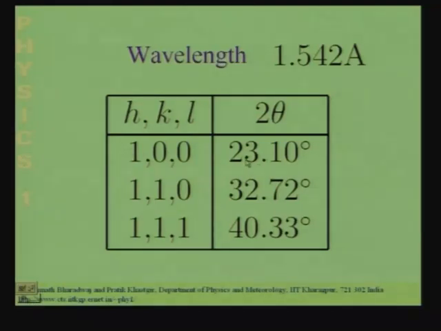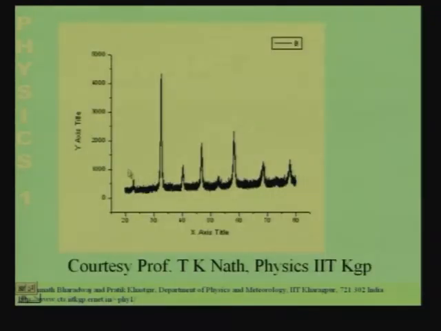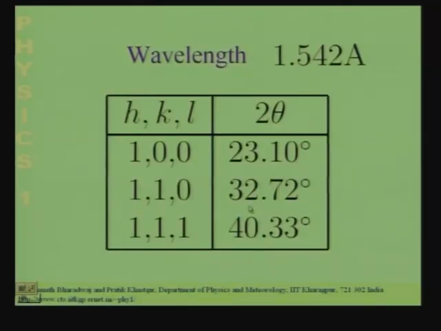Let me just remind you again, we have readings of 2 theta from the X-ray diffractometer, and we can interpret the smallest value of 2 theta as arising from the planes with Miller indices 1 0 0, the next maximum as arising from 1 1 0, and the one after that as arising from 1 1 1, and so forth. I leave it to you to check that if you calculate the lattice constant A using 3 of these, you will get the same value of A.